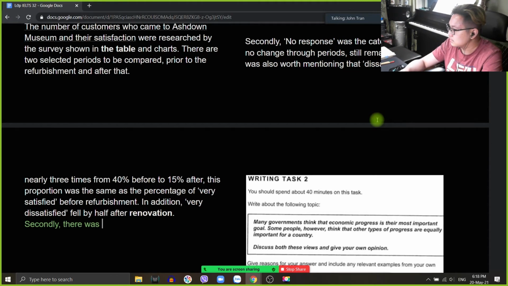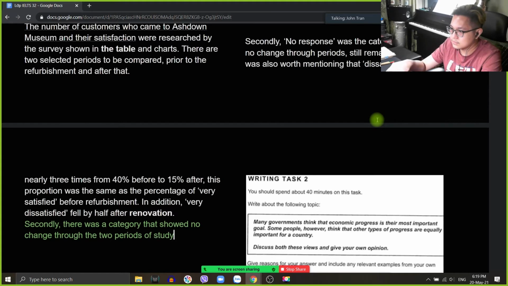there was, it remained unchanged. So I can just say there was a constant, so let's just say there was a category that showed no change through the two periods of study, which was no response.